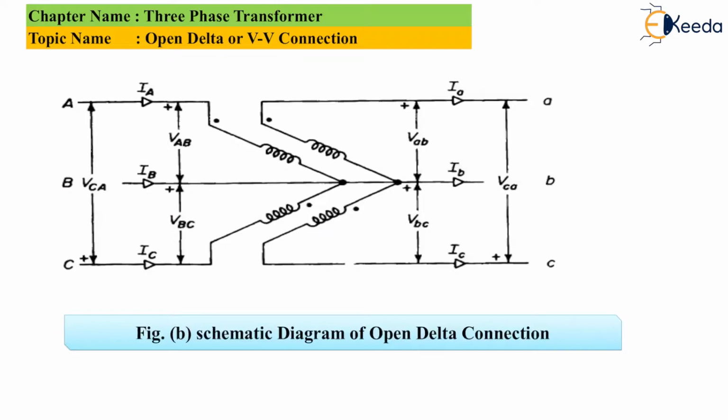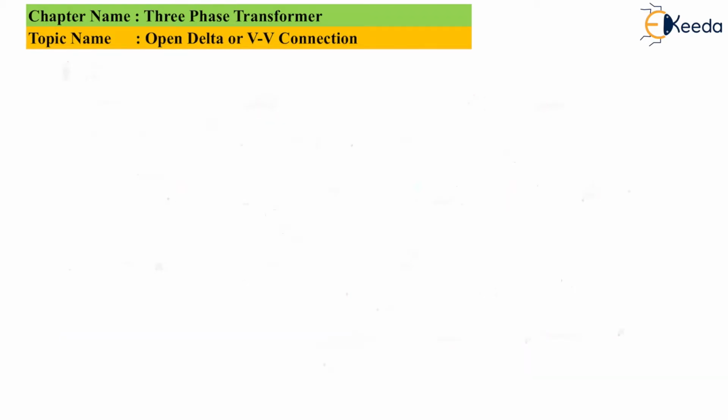Also, if we see over here, there is no winding in between the points A and C, but there is a potential difference, and that potential difference is denoted by vca. So now if we apply KVL around the closed path made up by points A, B and C, then we can write vab plus vbc plus vca is equal to 0.